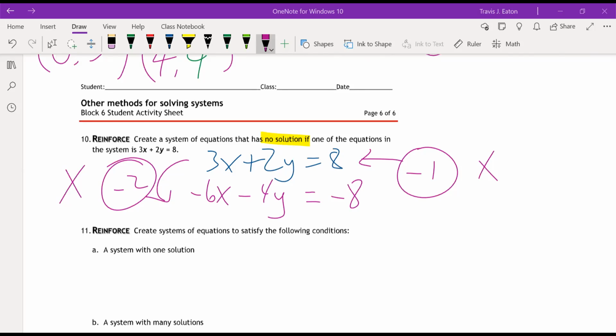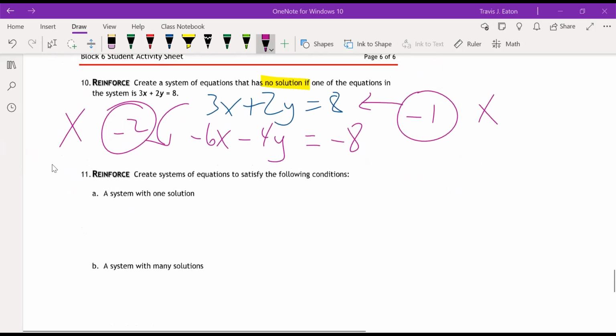So like I said, all I had to do was multiply the left side of my equation by something, but multiply the other side of my equation by something else entirely, and you'll have no solution whatsoever. So that's pretty cool.